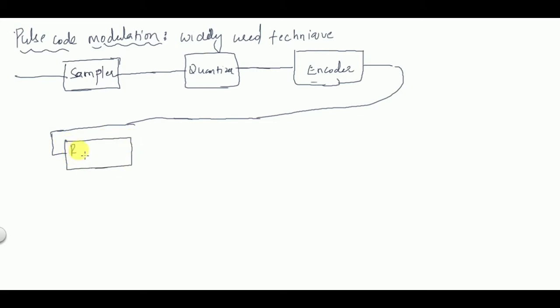In the channel we have a regenerative repeater.